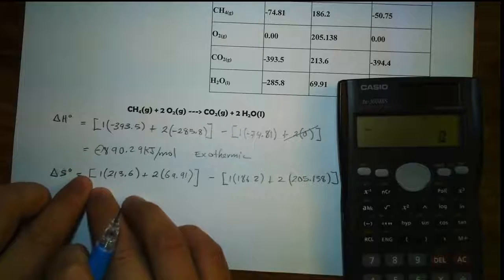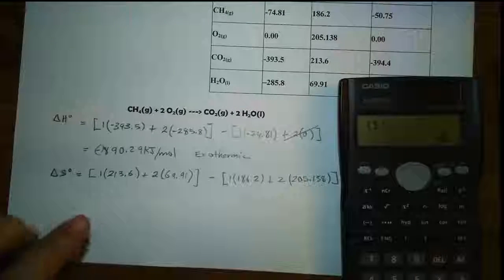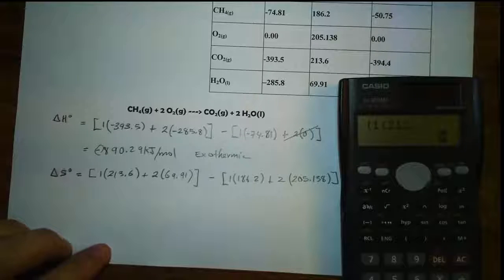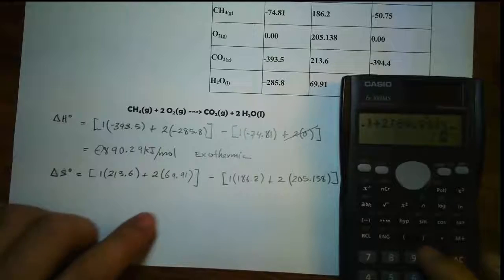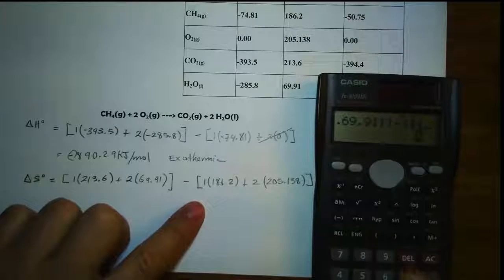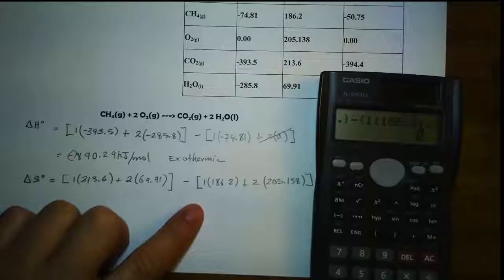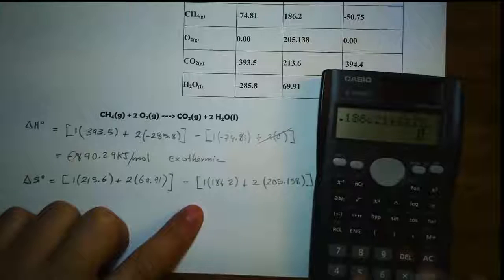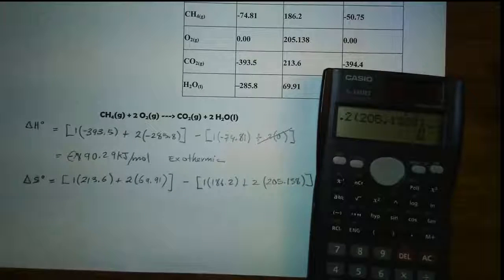Now let's plug into the calculator. Notice how the bracket represents parentheses. So parenthesis 1, okay, 213.6, parenthesis plus 2, parenthesis 69.91, parenthesis, and parenthesis again, minus parenthesis 1, parenthesis 186.2, parenthesis plus 2, 205.138, parenthesis, and then parenthesis with a bracket again.